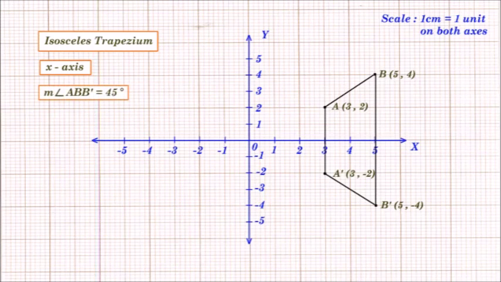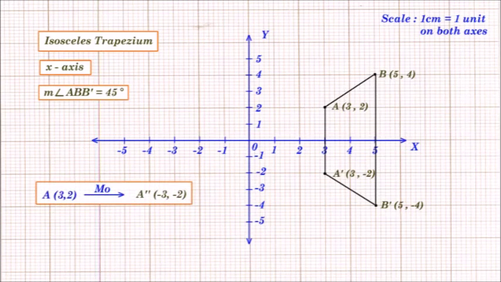Now in the fourth part, the image A double dash of A when reflected in the origin. Reflect A in the origin, the coordinate signs will change. We get A double dash with coordinates as minus 3, minus 2.